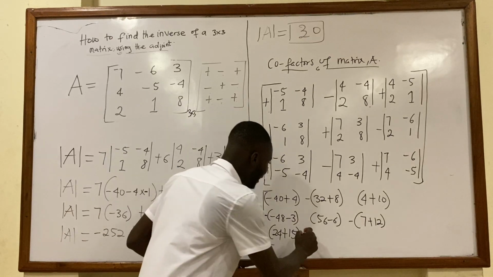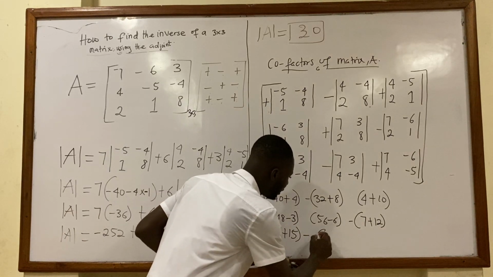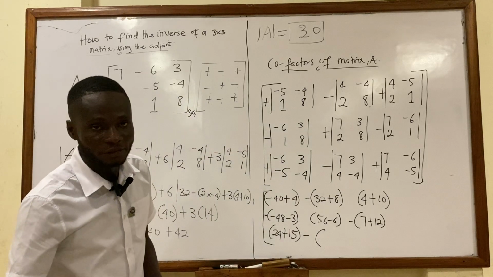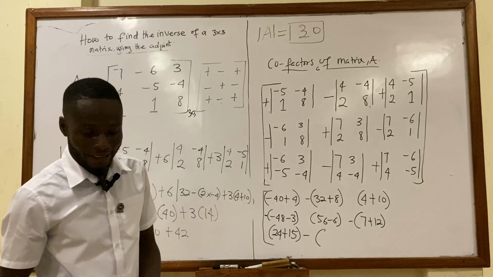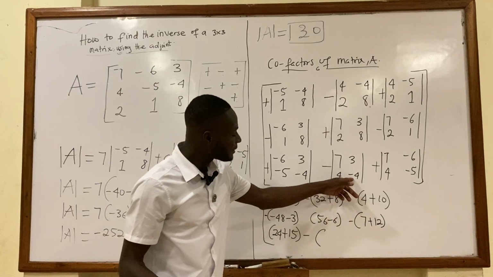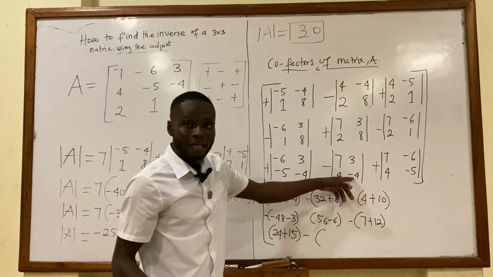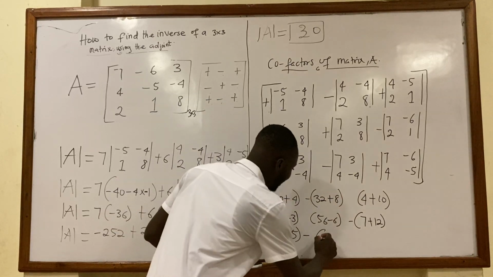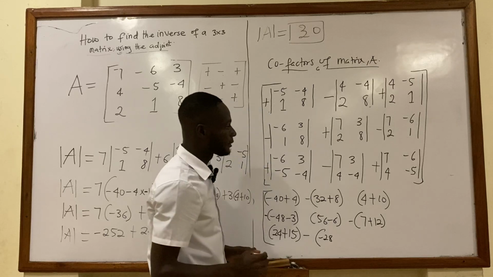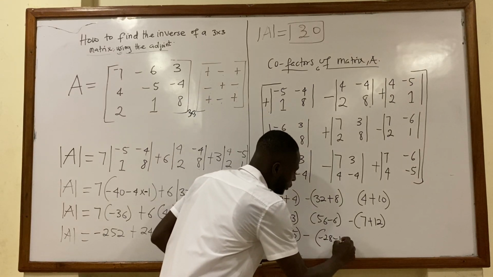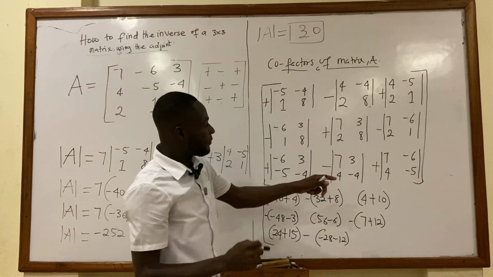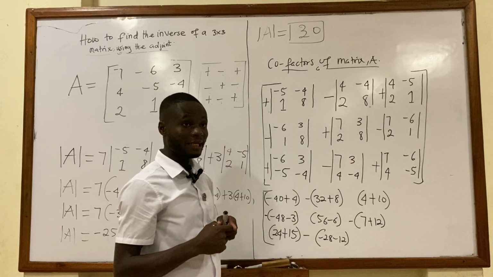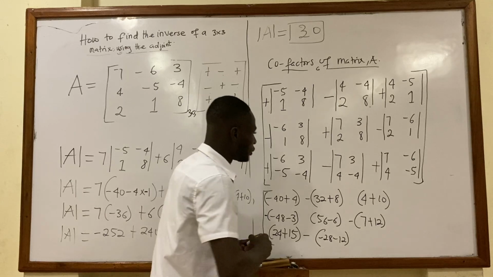Good. So minus into 7, 4, 7 times 4, which is 28, but then the negative is affecting the minus 4, so we are going to have minus 28 minus 12, because 4 times 3 is 12, but this diagonal, when you are multiplying, is affected by a negative.